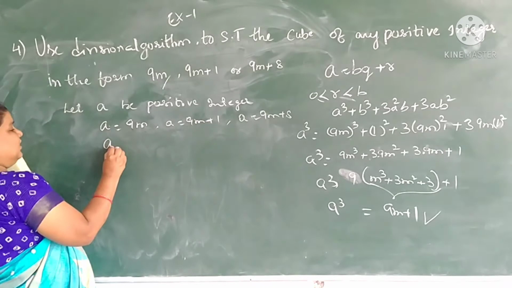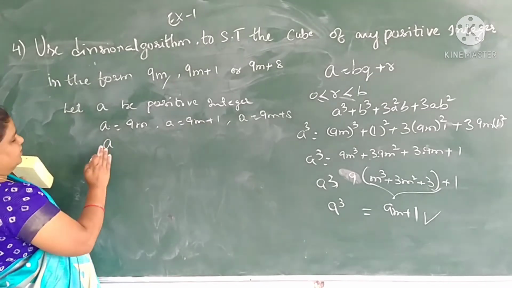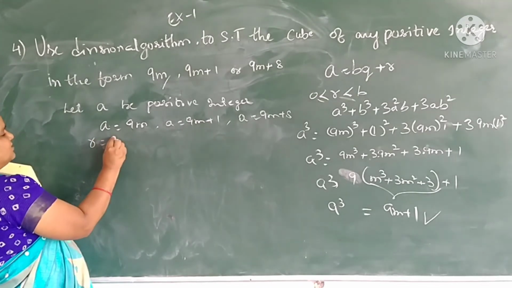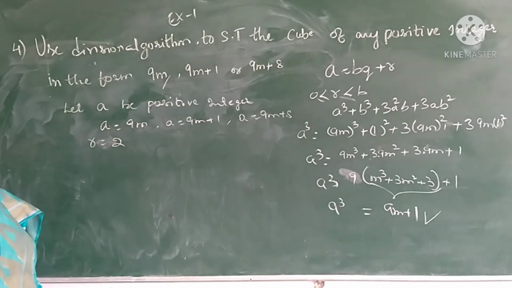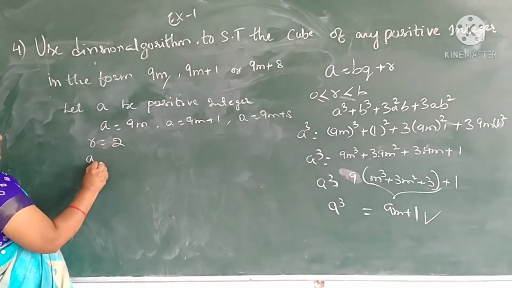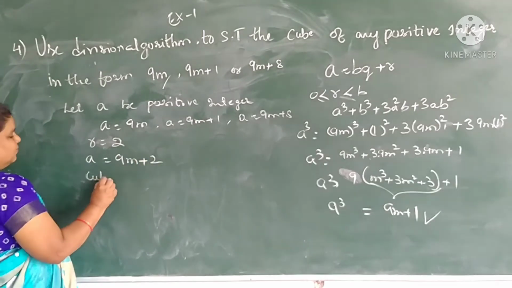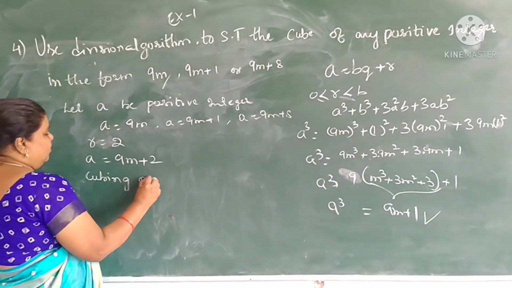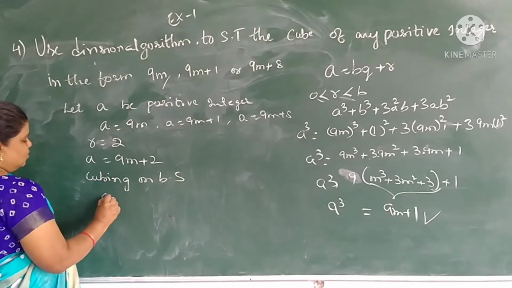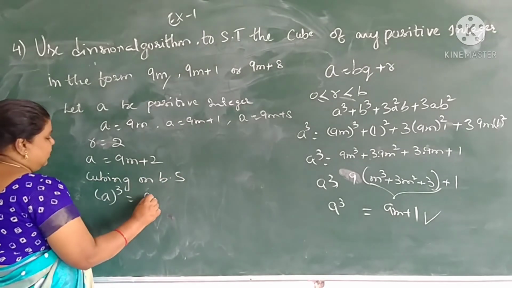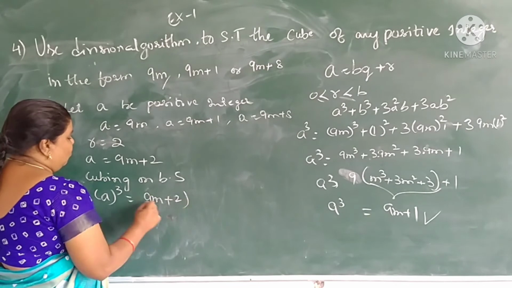When r is equal to 1 we did, now let us do r is equal to 2. So a is equal to 9m plus 2. Cubing on both sides, a cube is equal to 9m plus 2 whole cube.